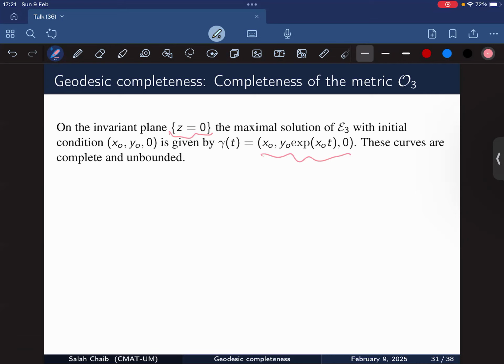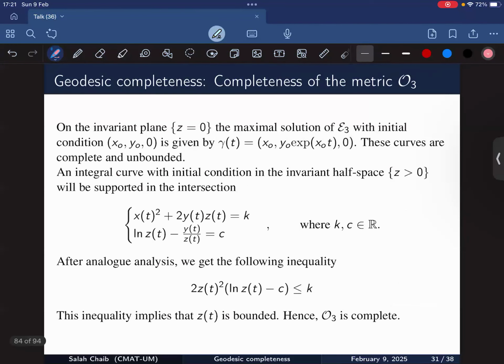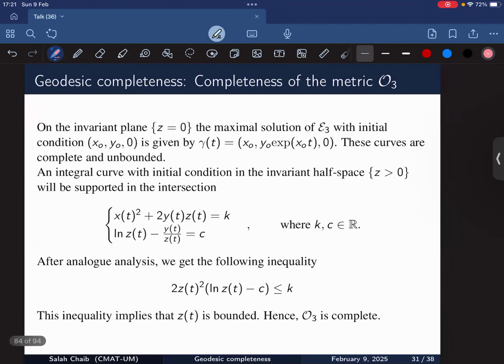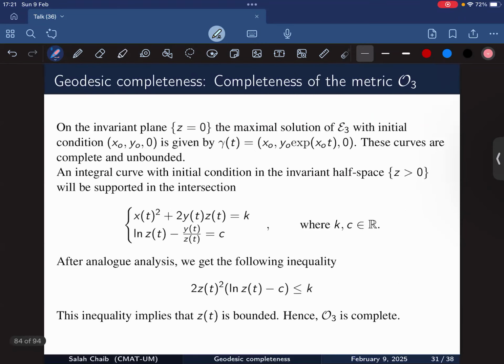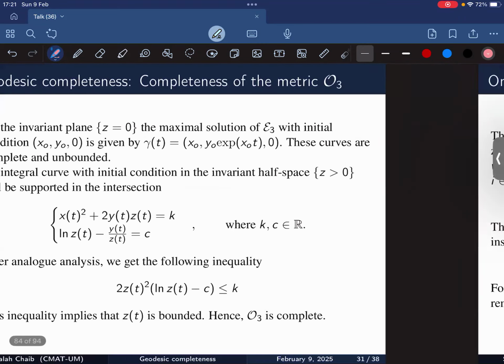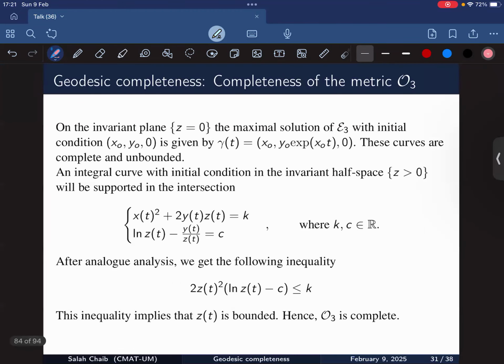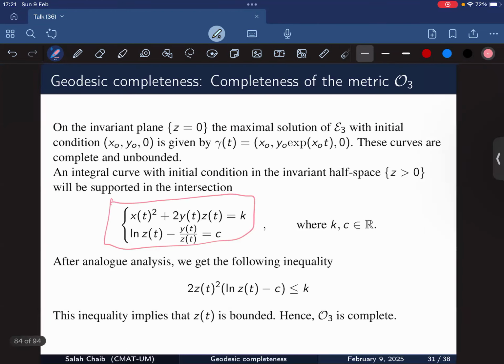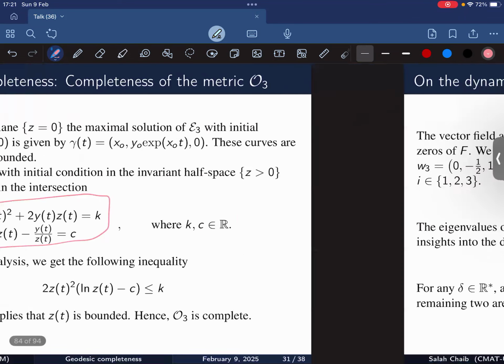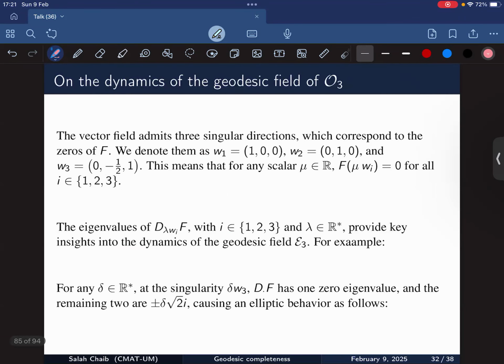So this makes this complete metric special. But for the study, it's exactly the same method. We use both first integrals to prove that the intersection is bounded in z positive.